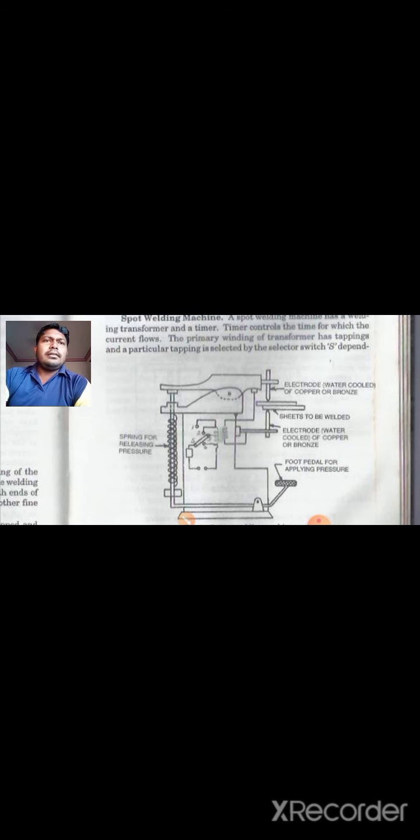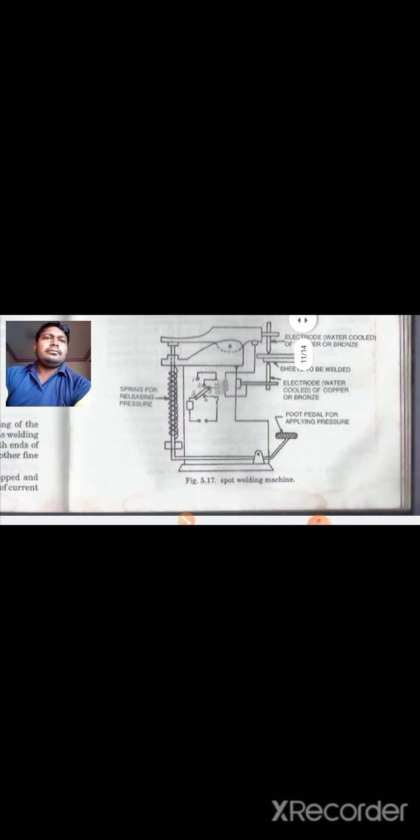You can see exactly at the center there is the transformer. There is a switch which is named S also. There are tappings also, if you look closely at the diagram, students. By selecting this switch, we can change the amount of the voltage impressed on the primary side.